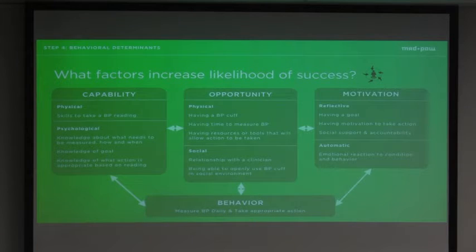There are certain rules around making the goal crisp and granular so that the person is more likely to adhere to it, and a whole bunch of other processes. But for the purpose of this slide, let's say having a goal, and having motivation to take action, social support and accountability, and automatic motivations. Think about it as habits, something that just happens subconsciously, not necessarily based on your reflective skills. In this case, it's an emotional reaction to conditioned behavior.